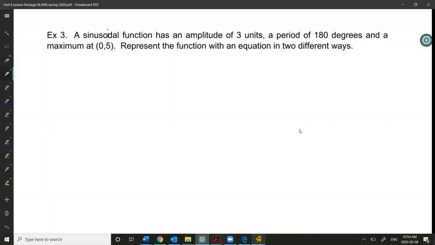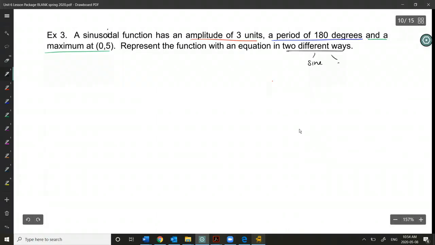So a sinusoidal function has an amplitude of 3 units, a period of 180 degrees, and a maximum at 0.5. So this is going to give us information for C and information for D. And we're going to represent this in 2 different ways, as a sine function and as a cosine function.